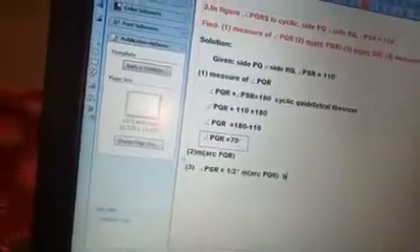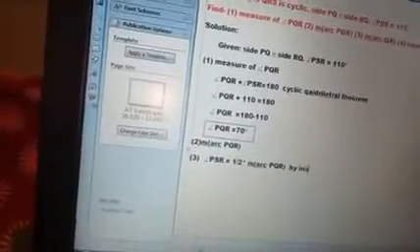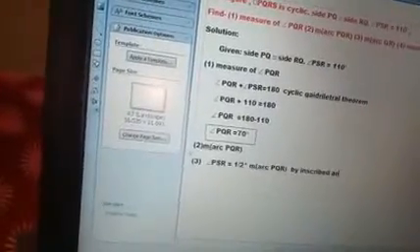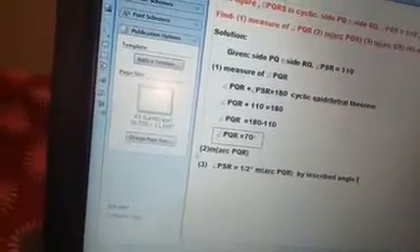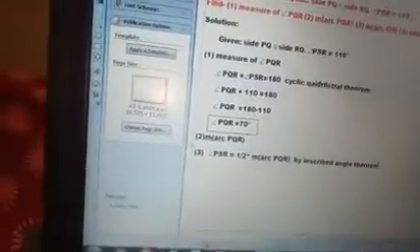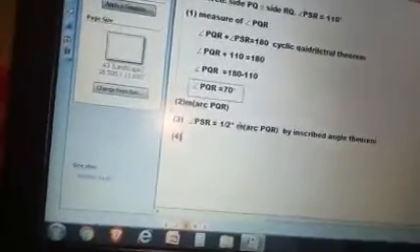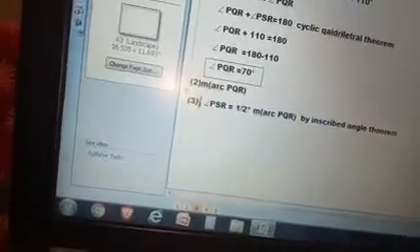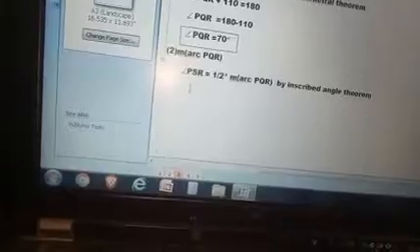By inscribed angle theorem. Okay, after that we know very well the angle PSR value.